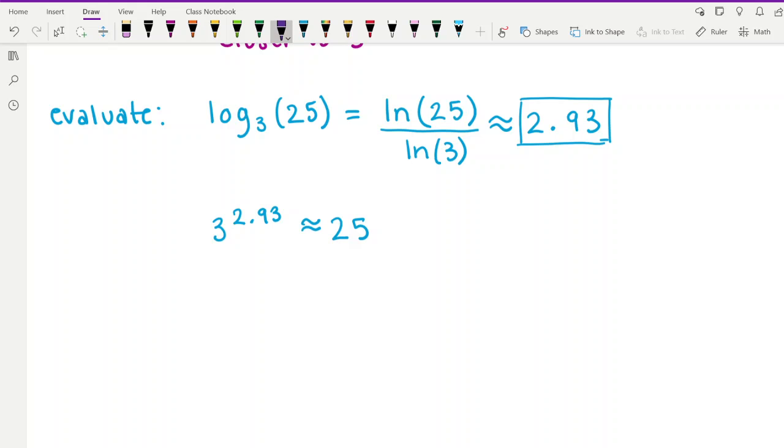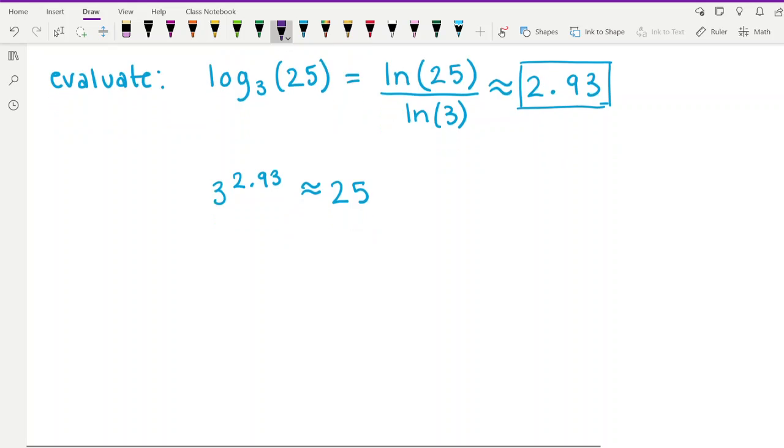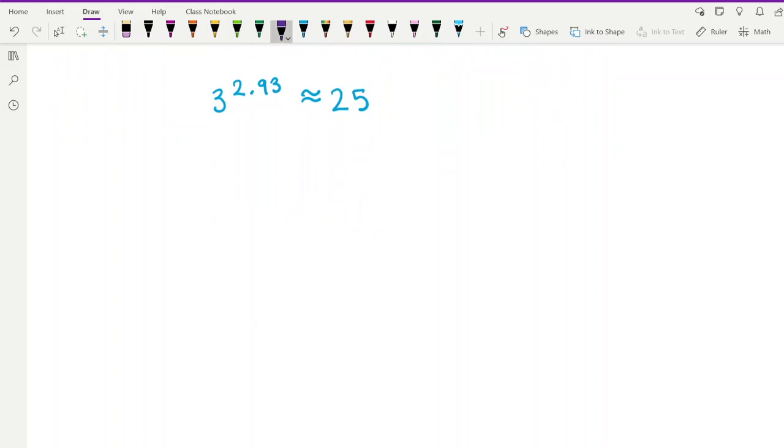Okay, let's do one more example. So we're going to do log base 16 of 3. So this is asking us what power we would need to raise 16 to get 3. This one's a little bit trickier because we don't have nice whole number powers to compare it to.